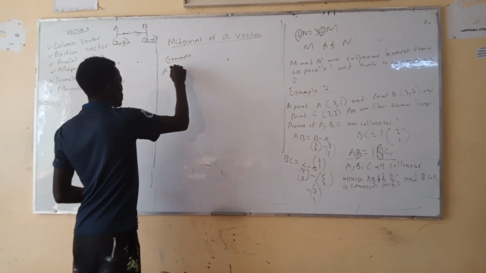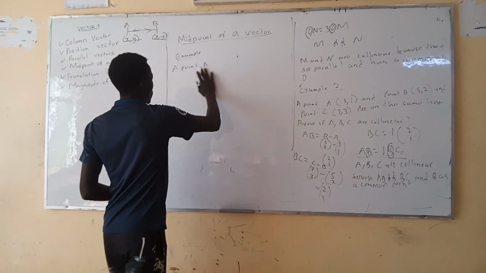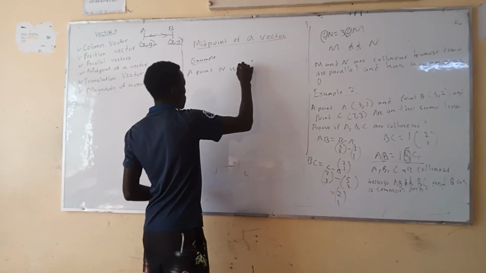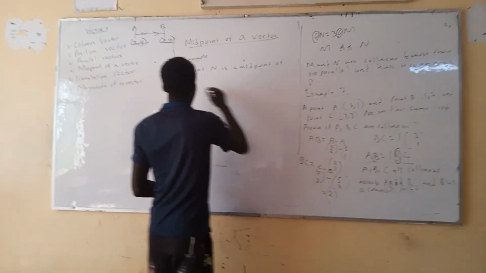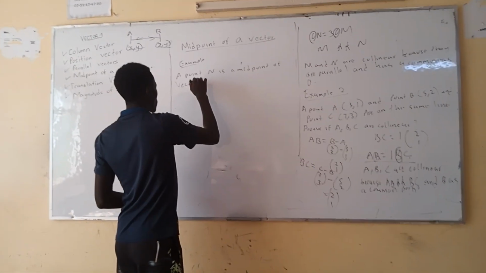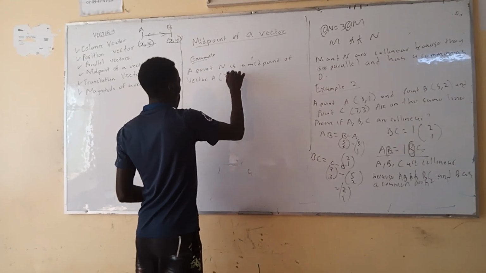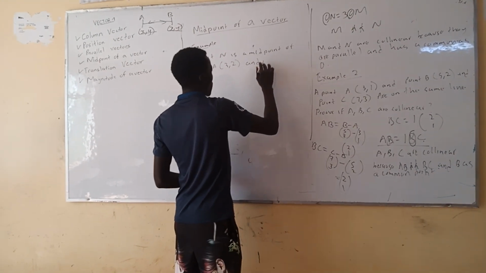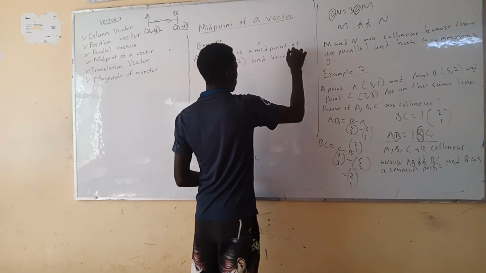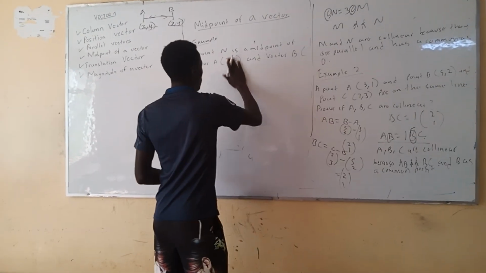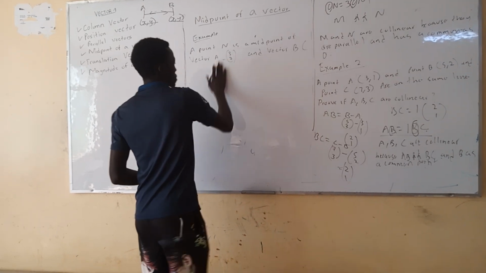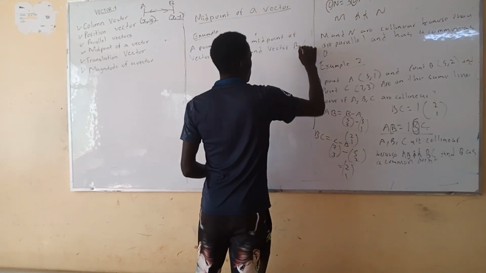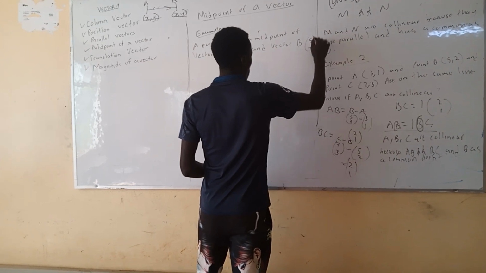A point N is the midpoint of vector A, 3, 2, and vector B, 5, 2.